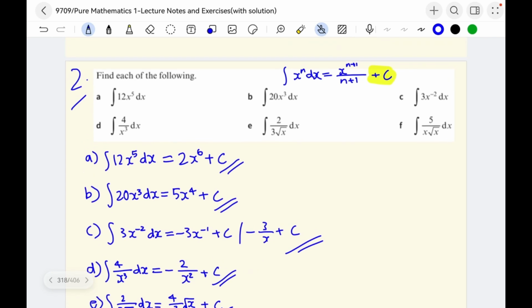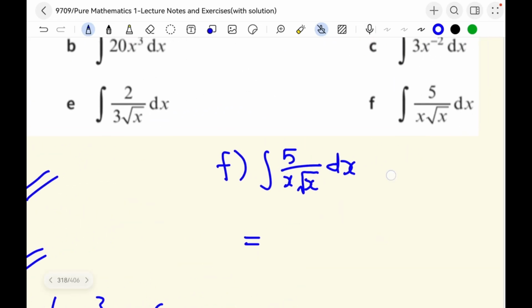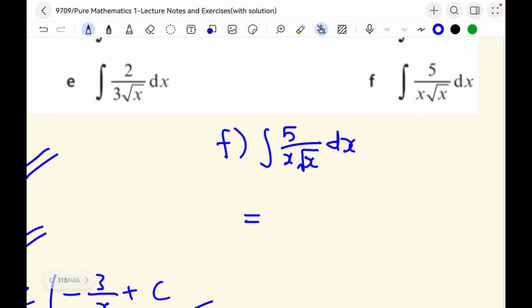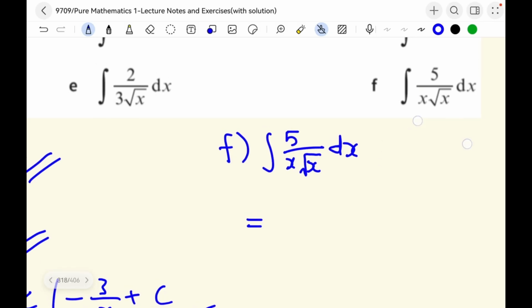And finally, we are touching the last part. What is it? The integral of 5 over x square root of x dx. What will it be? So here is the tactic that I can teach you. If you have bad fundamentals, let me teach you over here.